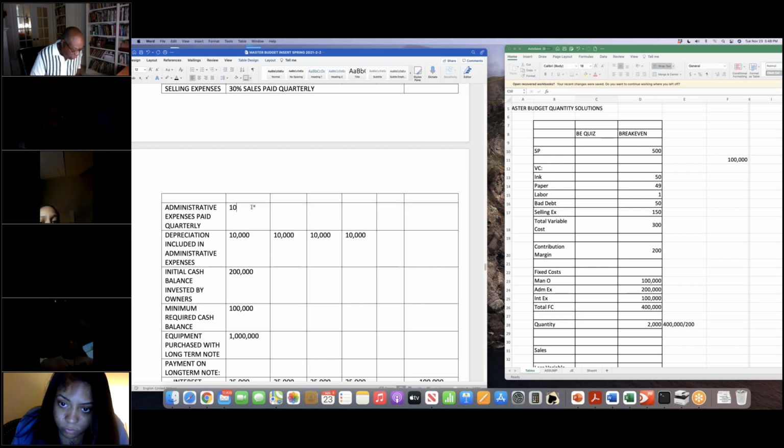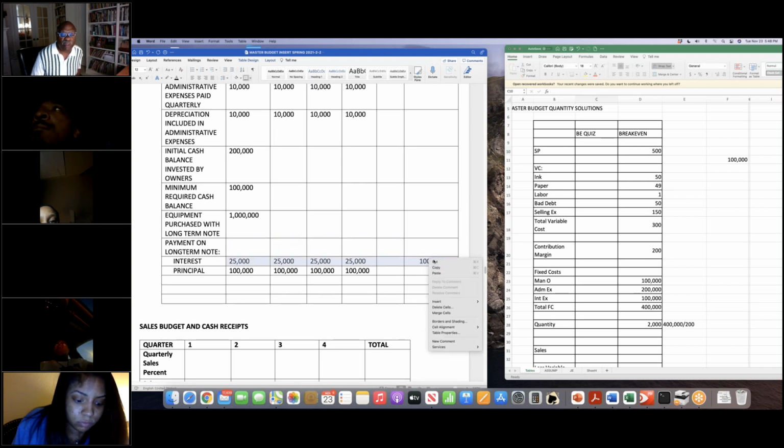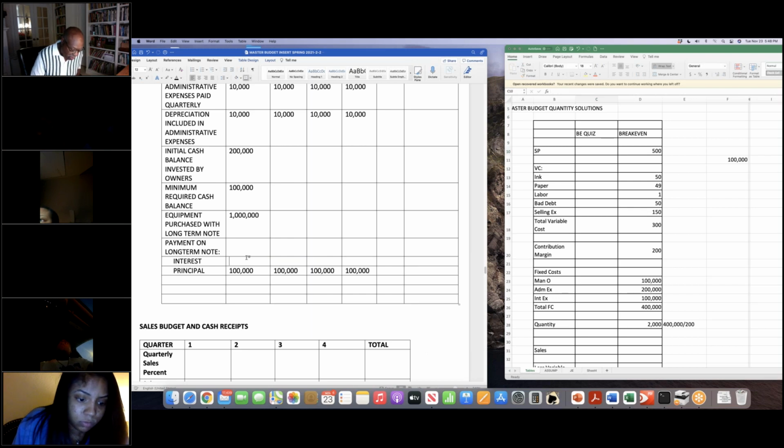Our administrative expenses are $10,000 a quarter. And our interest expense is $2,000 a quarter. Let's make the interest expense $2,500 a quarter.